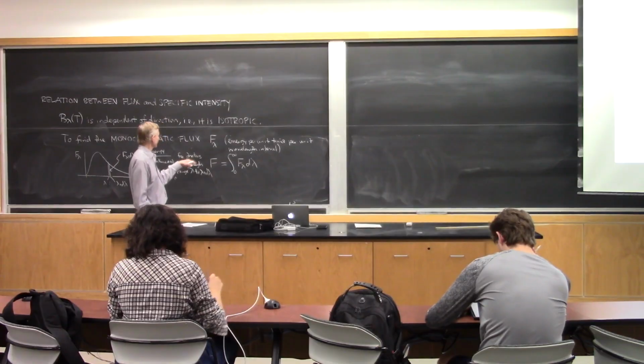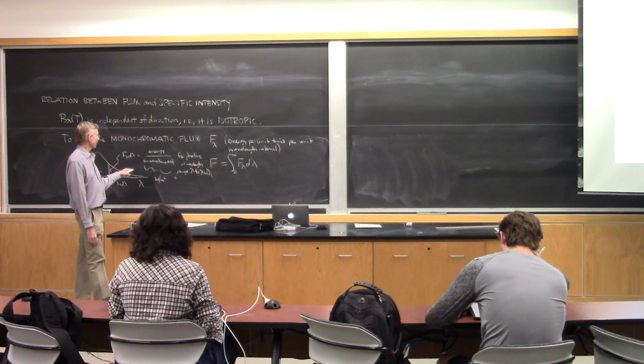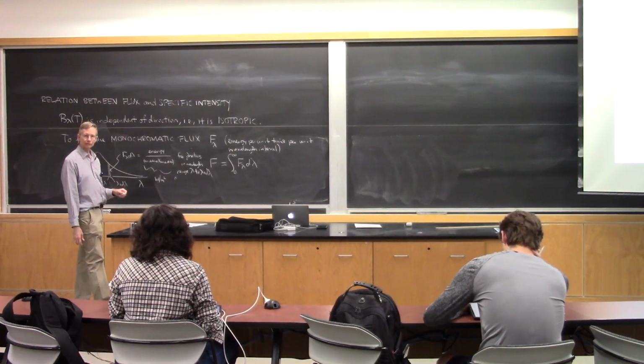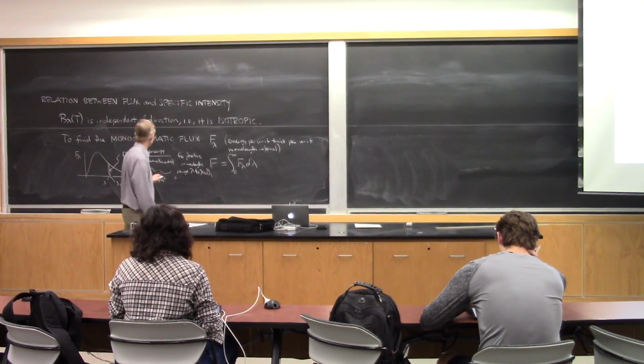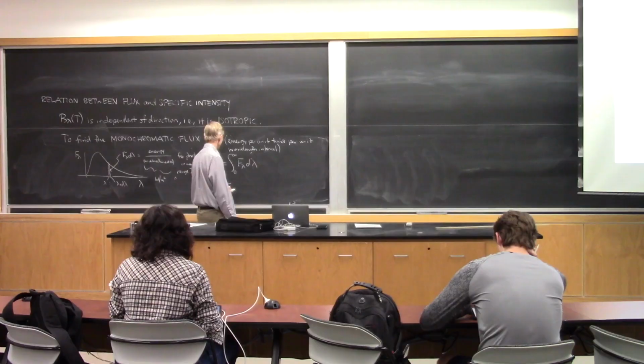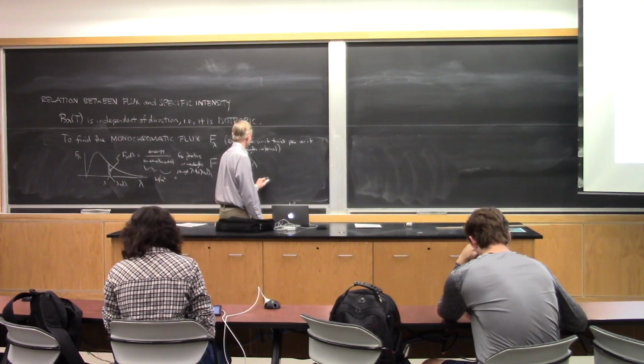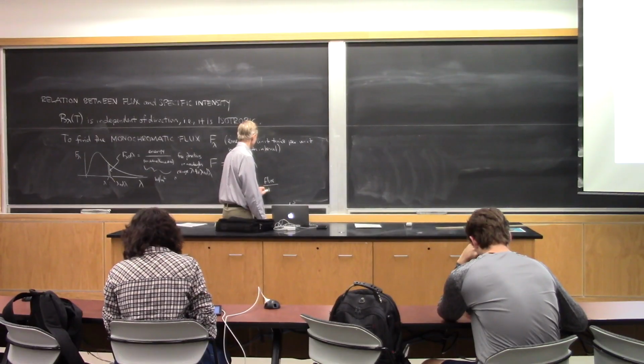Okay, so what are the units of F sub lambda itself? Well, it's per unit wavelength interval. So the units of F are watts per square meter, but the units of F lambda are flux per unit wavelength interval.